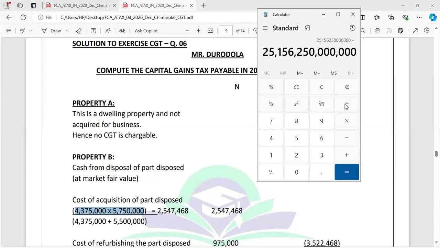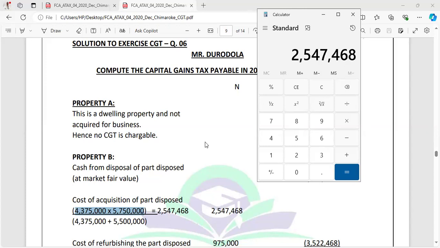I will paste it here. When I do the equal to, it's giving me 2,547,468, which is what we got here. So this is my cost of acquisition of the part disposed.